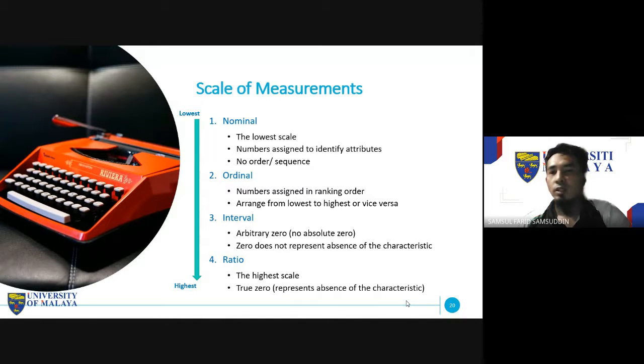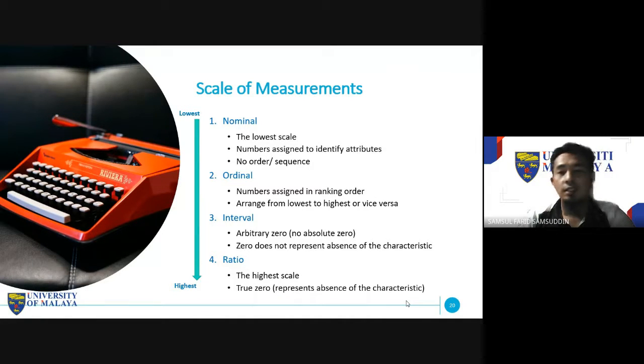There is no order, no sequence. And then ordinal, numbers assigned in ranking order arranged from lowest to highest or vice versa. Then interval, arbitrary zero, no absolute zero. Zero does not represent absence of the characteristic. And ratio, the highest scale, the true zero represents absence of the characteristic.